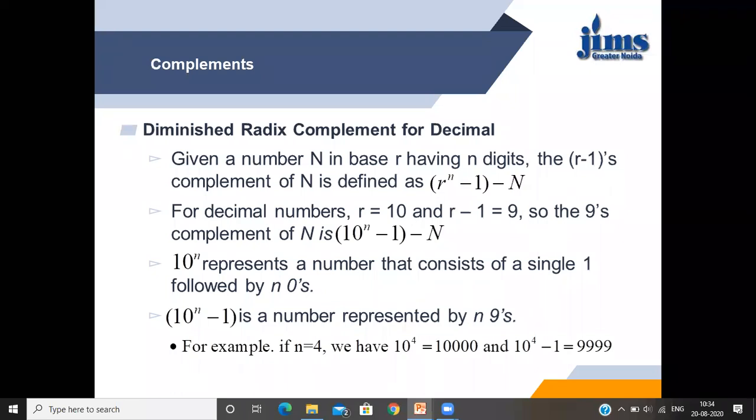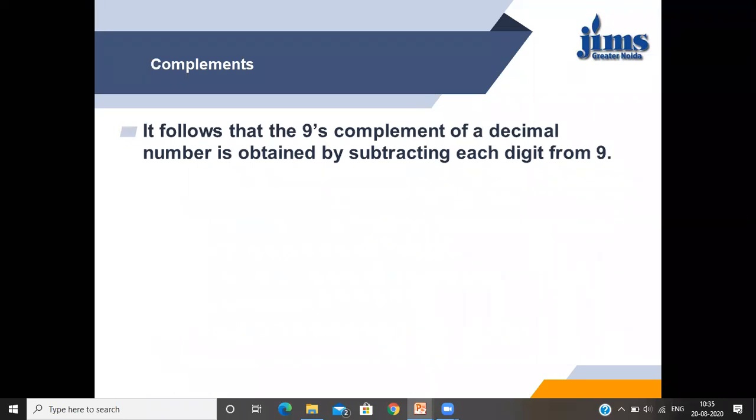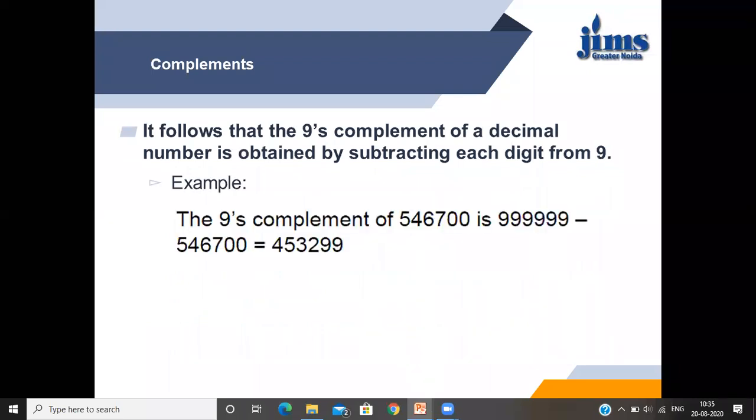So what we are doing here, when we are calculating 10 to the power n minus 1 minus N, it will be an n-digit number of nines minus N. We are just subtracting a number from the n nines. It follows that the 9's complement of a decimal number is obtained by subtracting each digit from 9. Let us take an example. Suppose we have to calculate the 9's complement of 546700.